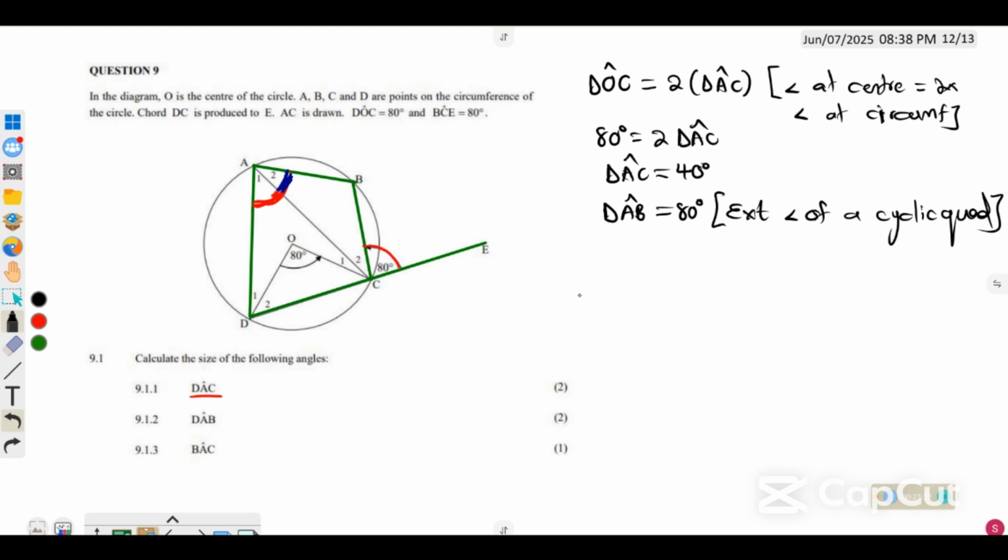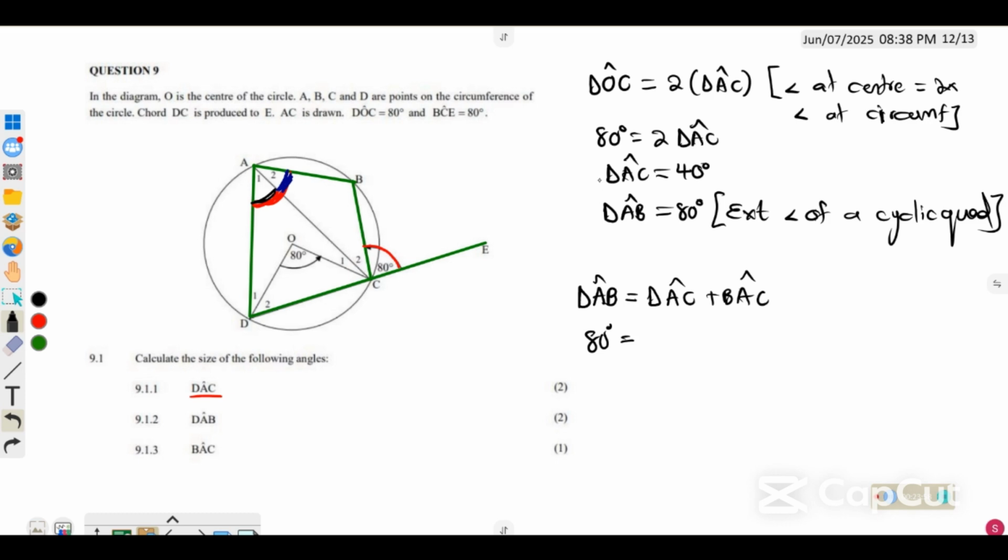Why is that? Because we have the whole of angle DAB, which is made up of 2 parts. It's made up of the part which is A1, but let's just call it DAC, and the other part which is A2, but A2 is called BAC. So this is BAC. We don't even need a reason for this. DAB was calculated to be 80 degrees.